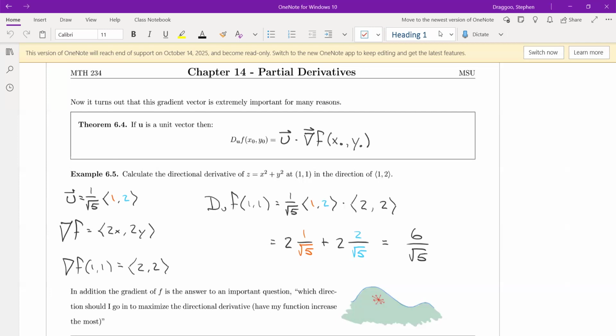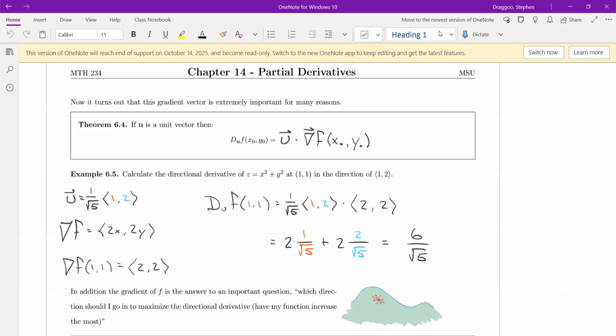Instead of needing to do some crazy limit as h goes to 0 of some unit vector being multiplied in, I can instead just take the dot product of my unit vector in the direction I want to be going in with the gradient of the function. So I'll still have my x and my y partials play a part in finding these directional derivatives. But ultimately, I'll just end up taking its dot product with whatever direction I want to be going in.